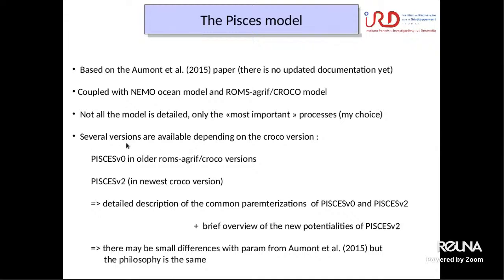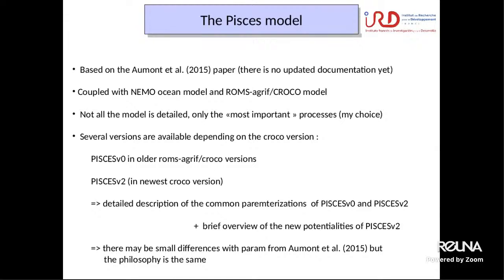Depending on the CROCO version, I'm assuming that all of you are using or plan to use CROCO, or have used in the past maybe Ramsagriff. Depending on the CROCO or Ramsagriff version that you have used, you might have PISCES v0 or PISCES v2.